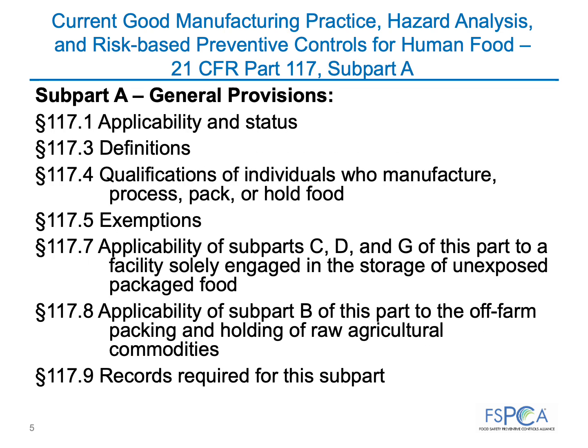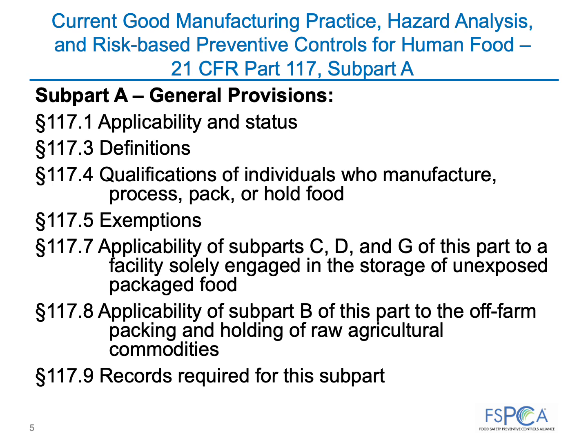Subpart A discusses applicability of the regulation to different facilities, defines terms used in the regulation, addresses qualifications for individuals who manufacture, process, pack, or hold food, and identifies exemptions from specific regulatory requirements for certain situations.